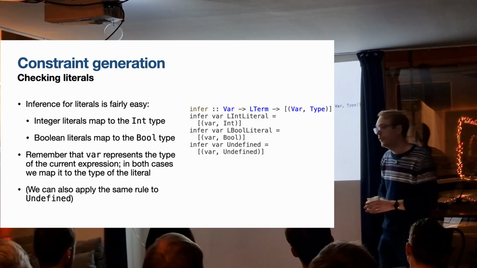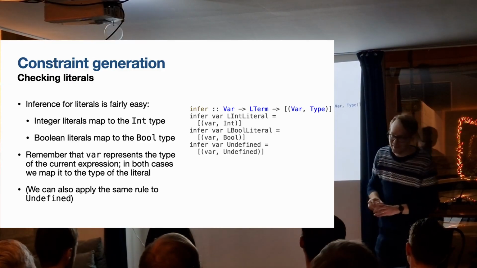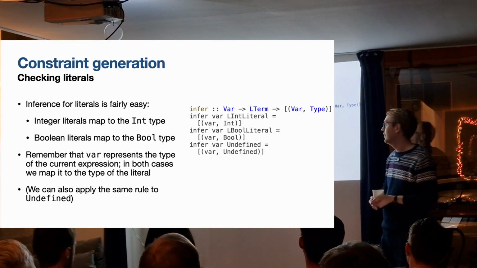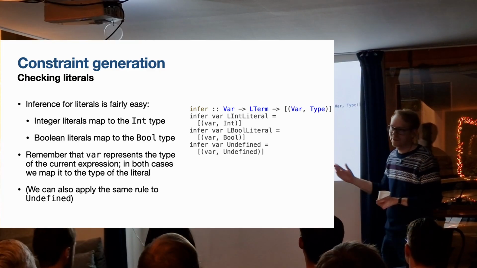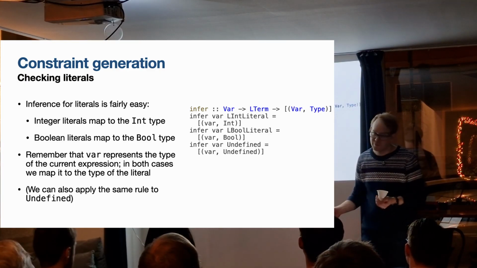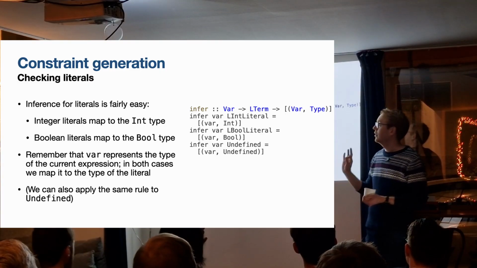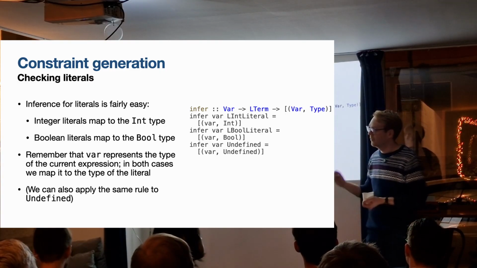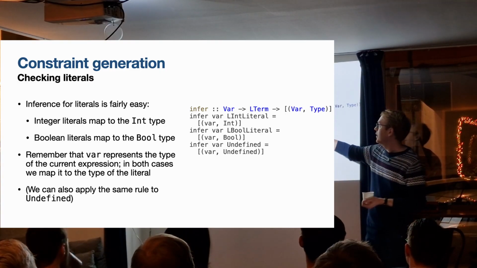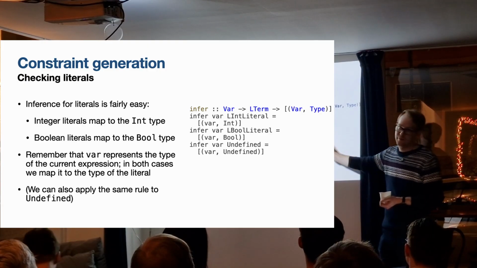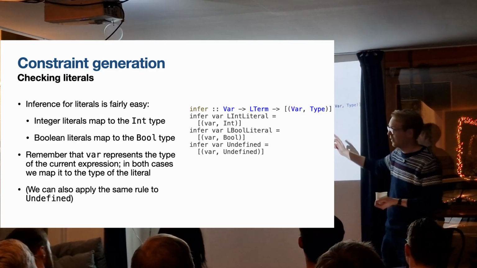Okay, so now we repeat the same thing again, but now for creating constraints. So we start with the literals. And again, literals are quite basic. We create an infer function that takes a var as an argument, like I said.